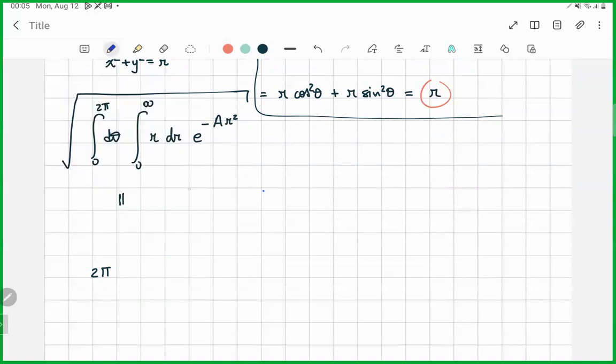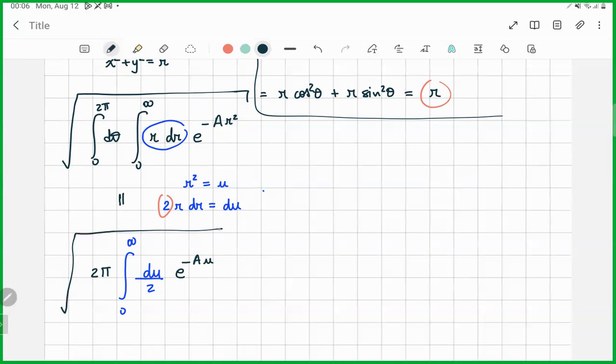Instead of r squared, I'm going to call it u, which means 2r dr is du. So that integral becomes an integral in u, also from 0 to infinity. Now r dr becomes du over 2. Don't forget this 2 here. And then inside, we have the exponential of minus a u instead of r squared. And don't forget that we have the square root.